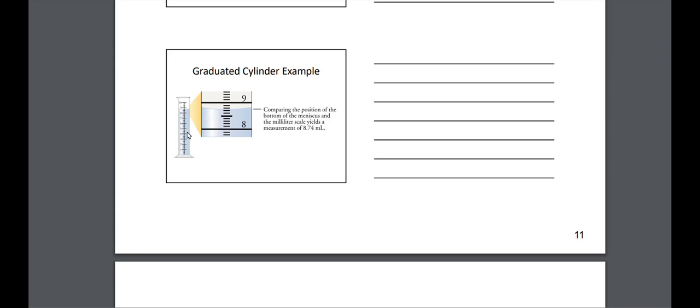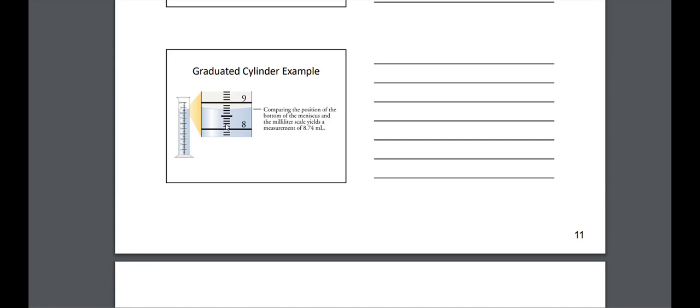So in this case, if you're trying to look at the graduated cylinder and see what my uncertainty is, you would compare the position of the bottom of the meniscus. So we will be targeting the bottom of the meniscus, and we'll try to read exactly where the meniscus is sitting. When we look at this one, there is 8 and 9 mL, correct? And between 8 and 9 mL, it is subdivided into 10 different marks.